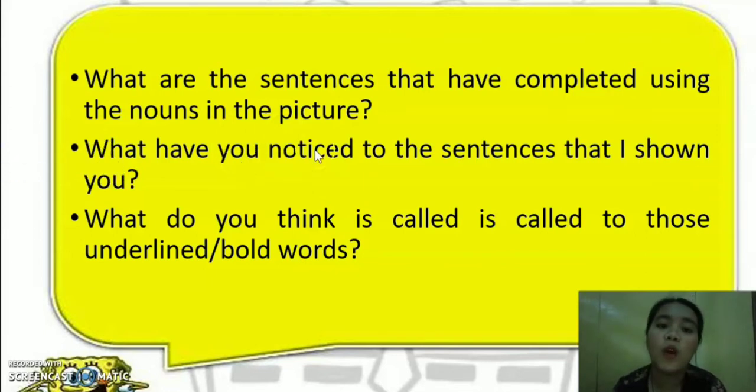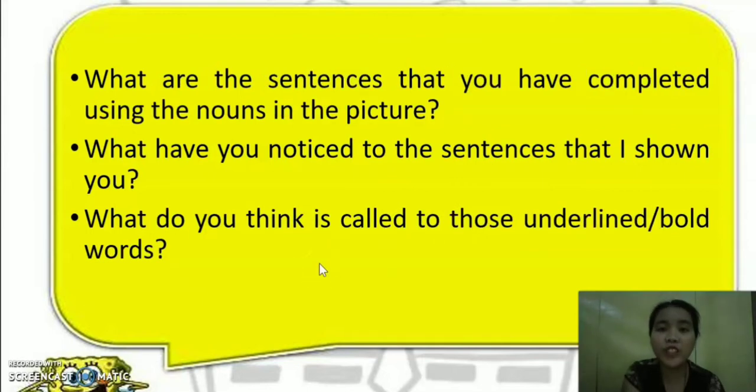Second, what have you noticed in the sentences I've shown you? Aside from the blank where you will put the noun, what have you noticed in the sentences? Third question, what do you think is called those underlined or bold words?